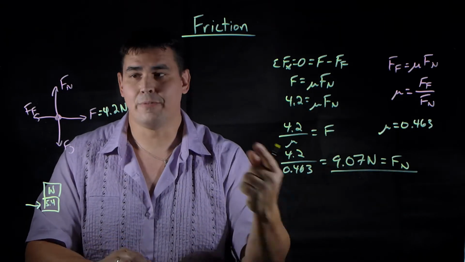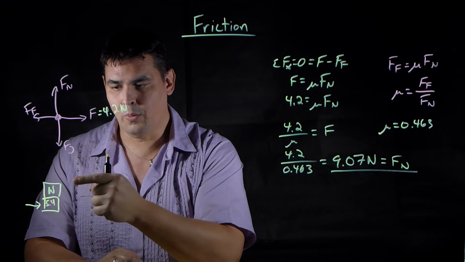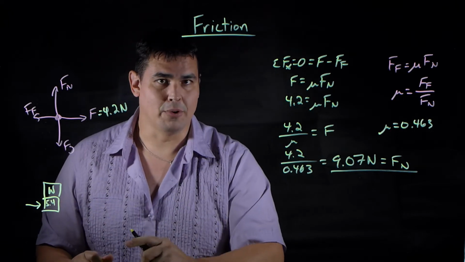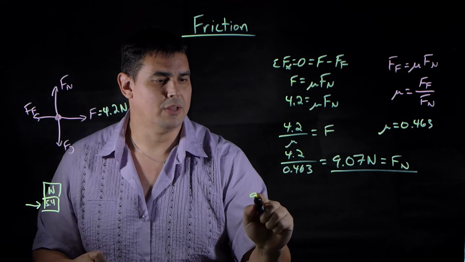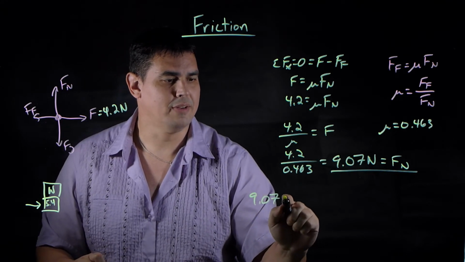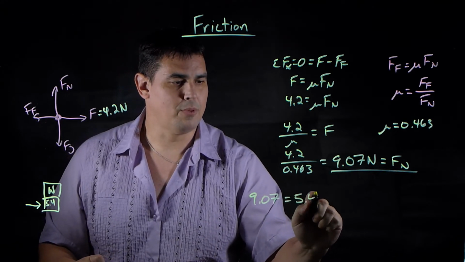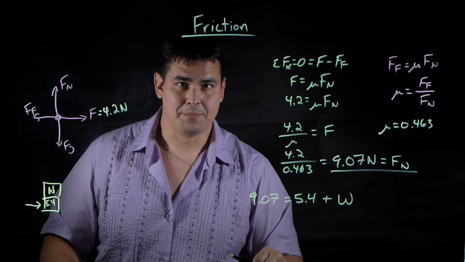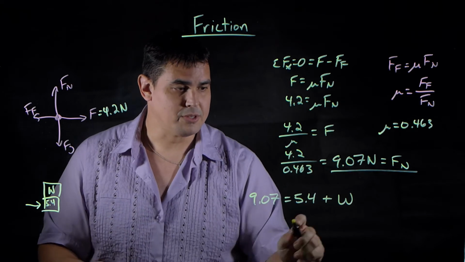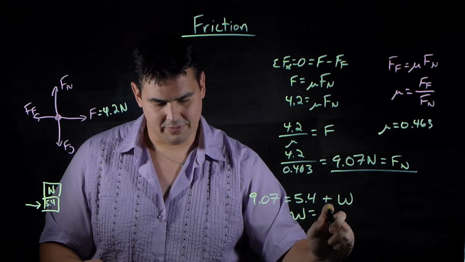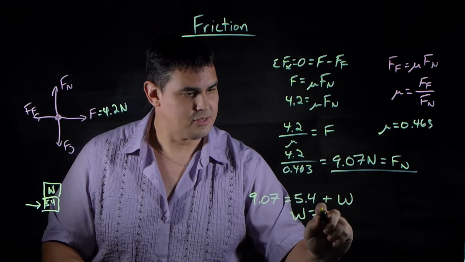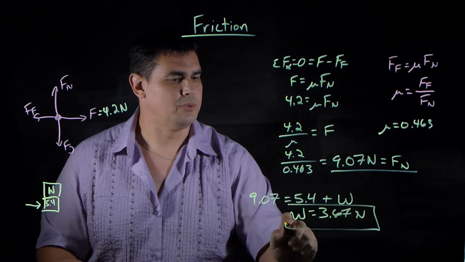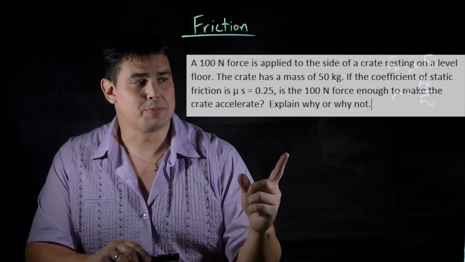Now, how do I figure out what the weight of that one block is? Well, I know that one of the blocks was 5.4. So 9.07 is going to be equal to 5.4 plus whatever the weight of my second block is. If I just move that over and subtract, I get that the weight of the second block is 3.67 newtons.